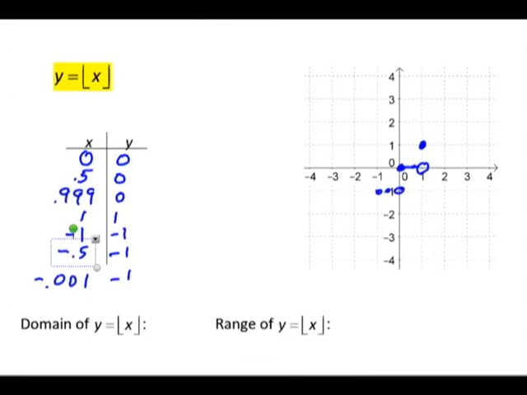Y is negative 1 all the way up to, but not including 0. We can throw in a couple of random values here and see that the same thing is happening near 2. We're going to get up to, but not including 2, because the floor of 2 is 2.